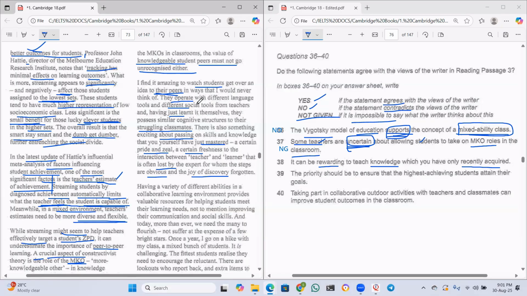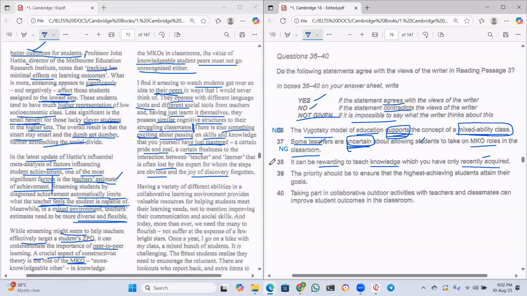They operate with different language tools, social tools from teachers, and having just learned it themselves, they possess similar cognitive structures to their struggling classmates. There is also something exciting. Pay attention here, guys. There is also something exciting about passing on skills and knowledge that you yourself have just mastered. See, it can be rewarding to teach knowledge which you have only recently acquired.